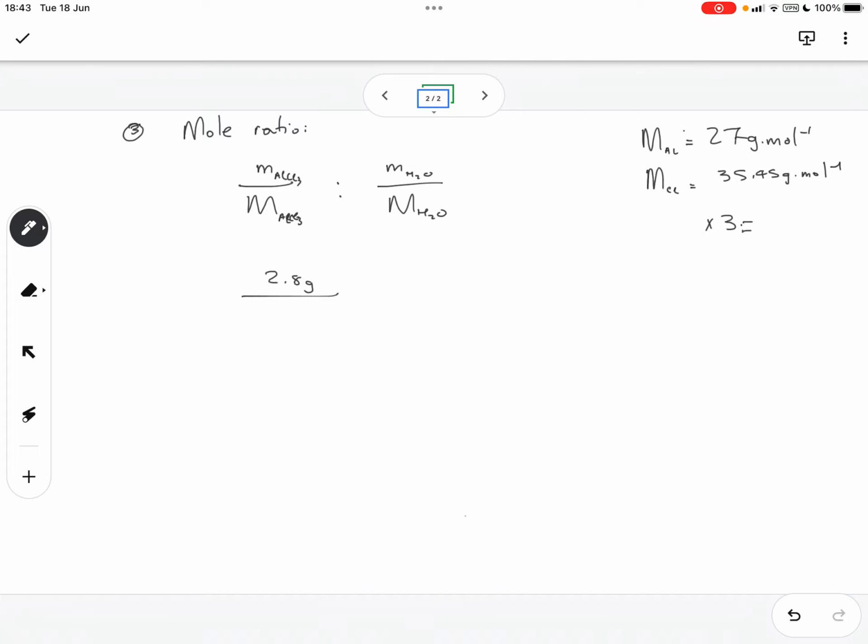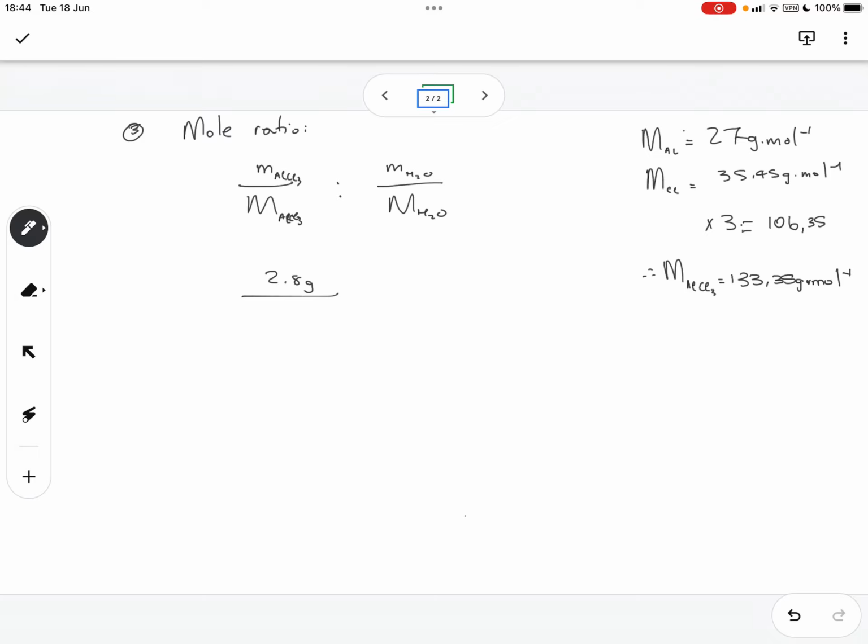So times 3, that will be 35.45 multiplied by 3, it's 106.35, and then we add that to 27 for aluminium, and then the molar mass of aluminium trichloride is 133.35 grams per mole.